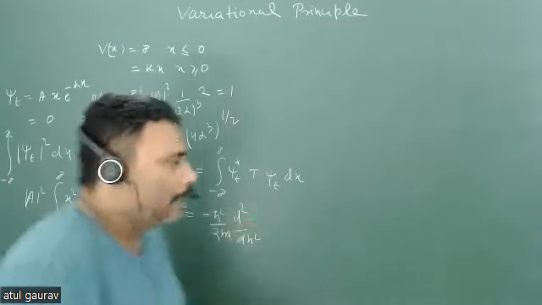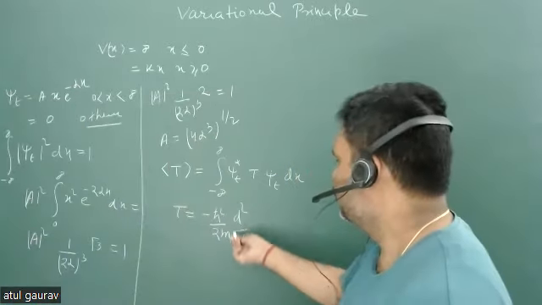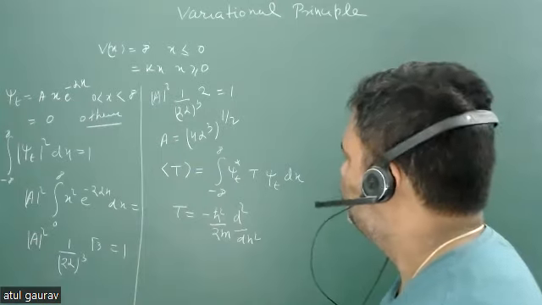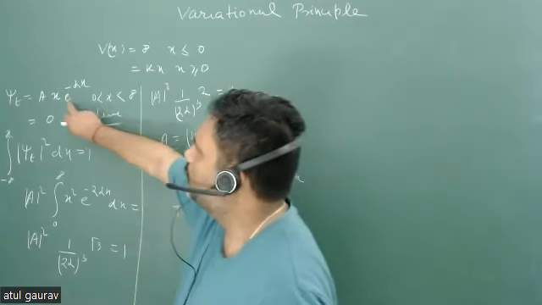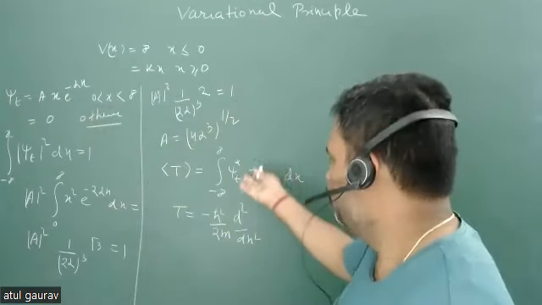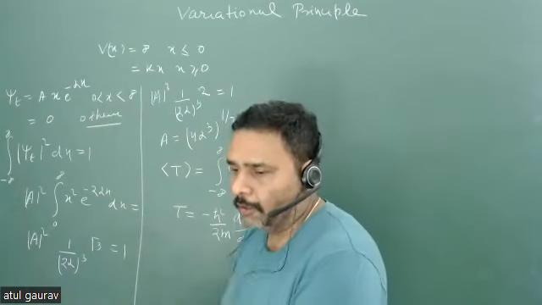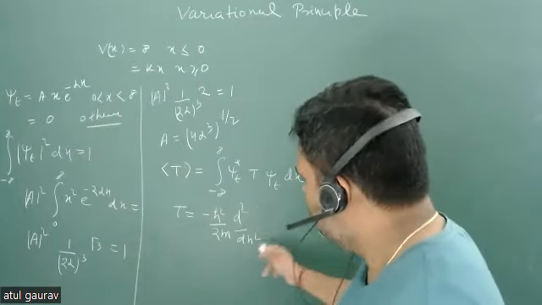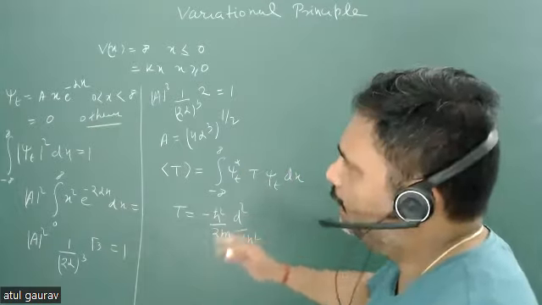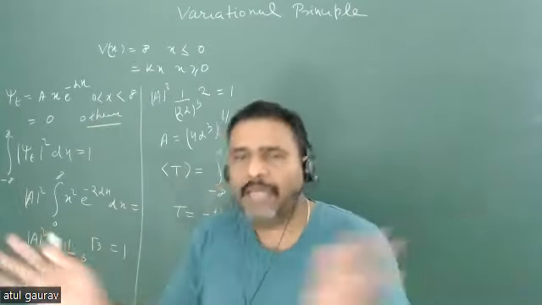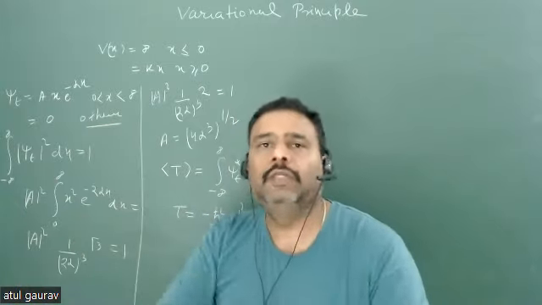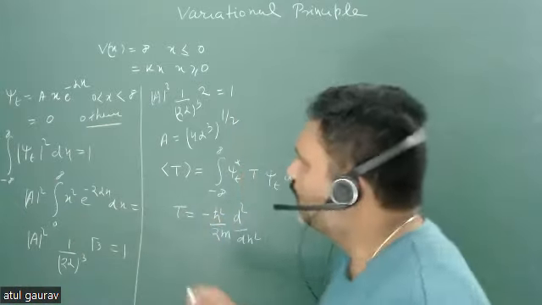So we first have to calculate d^2/dx^2 on this particular state psi. Then we will put it into this equation, and we can again use the gamma integral and solve it. So let's see how we can find the kinetic energy, how we can compact our calculation and do it very fast.